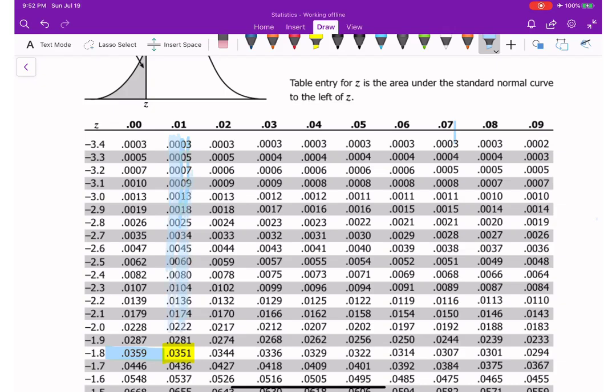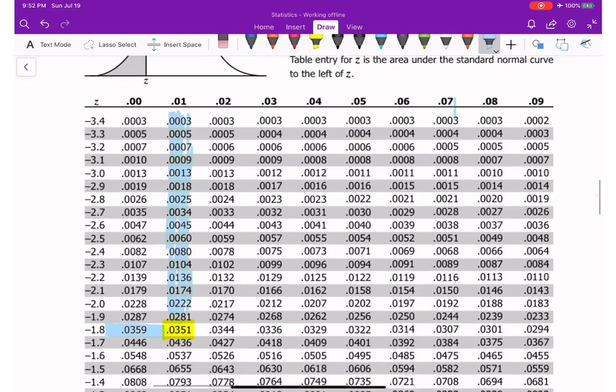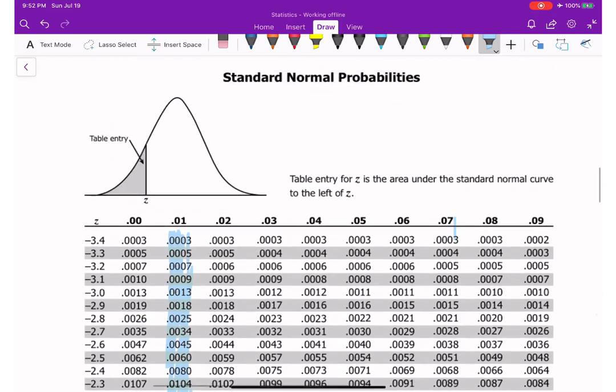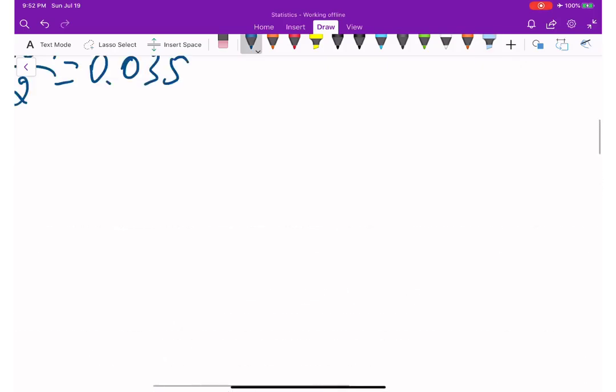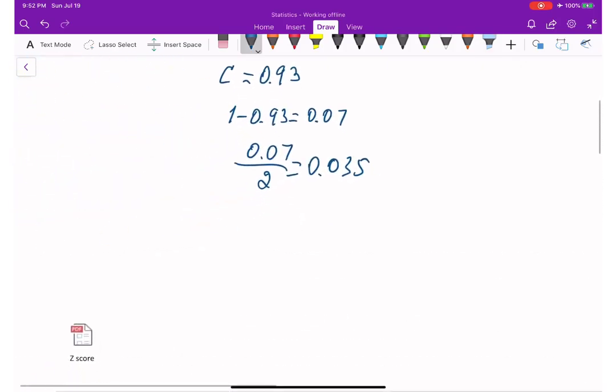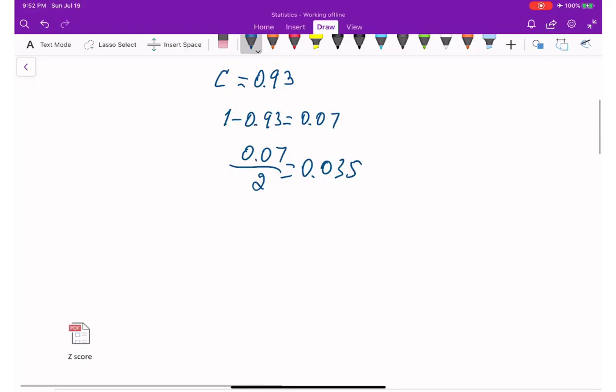Yes? Okay. Here we have -1.81, and the positive value will be 1.81. So z-critical is going to be 1.81. It's not difficult, is it?